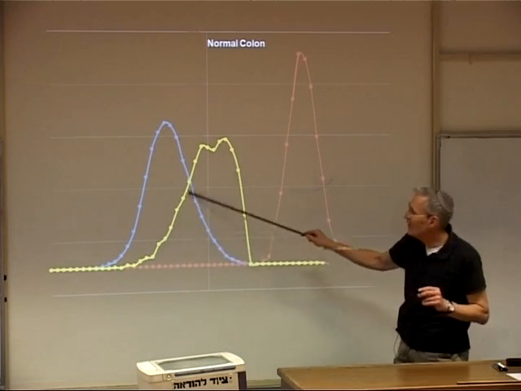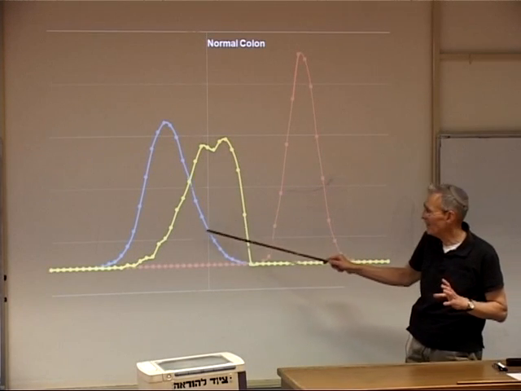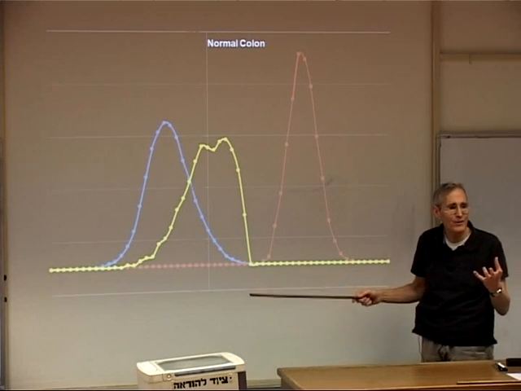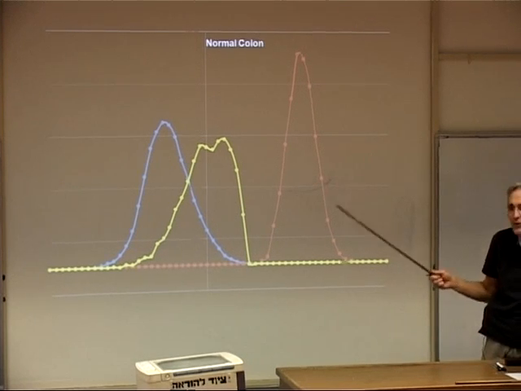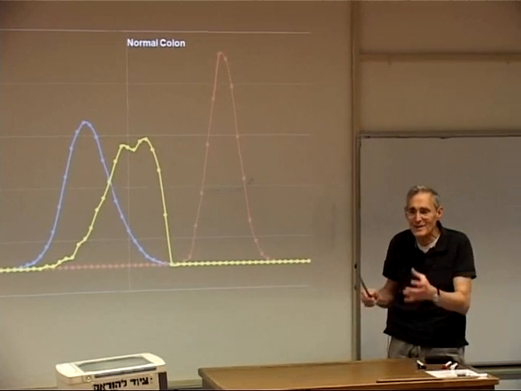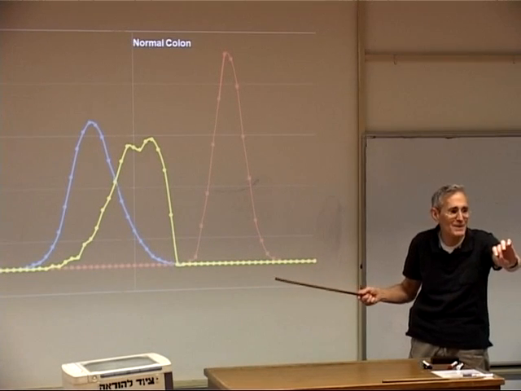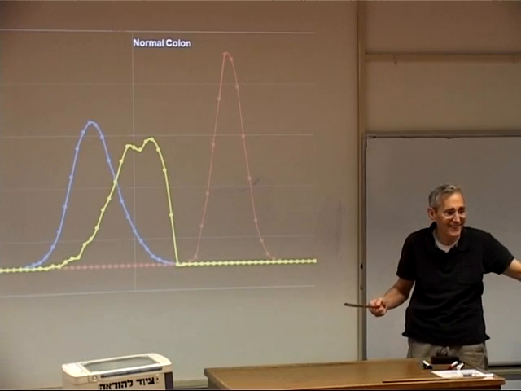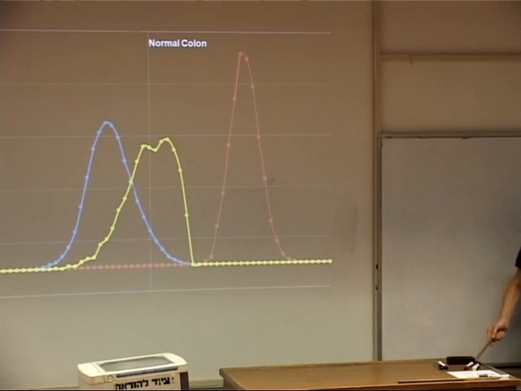You can see that they're already methylated. They're not methylated a lot, but they're clearly already methylated. So it looks like a lot of the methylation is already present in the normal colon way before the tumor gets born. And this is the whole colon. This is a normal colon. Right? We're not looking at one specific place that's going to turn into a tumor. This is the whole colon. Right? Already methylated.